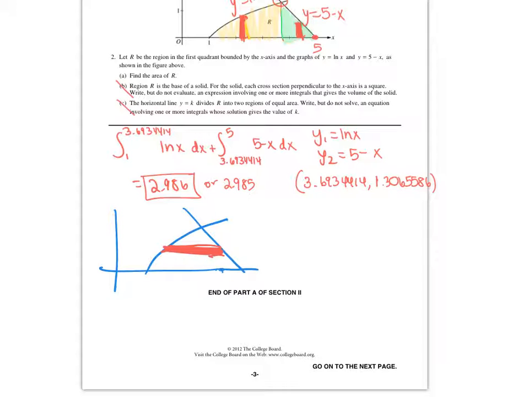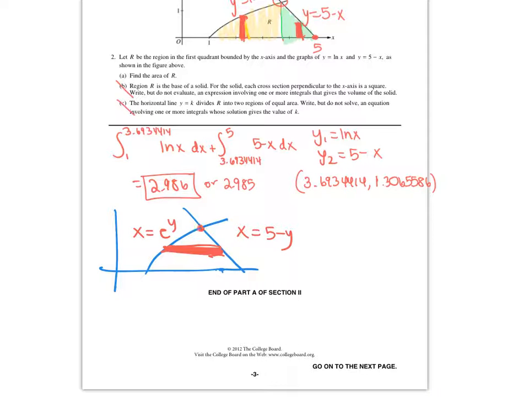The right side is always touching the line. So to solve for the line in terms of x, it would be x equals 5 minus y. To convert y equals ln of x into the form of x, you would just convert it into exponential and it'd be x equals e to the y.